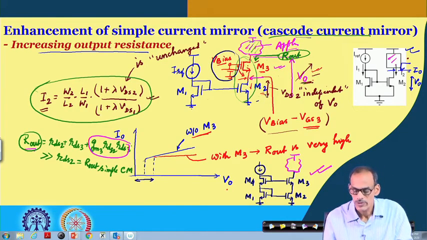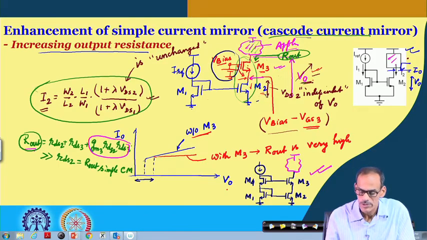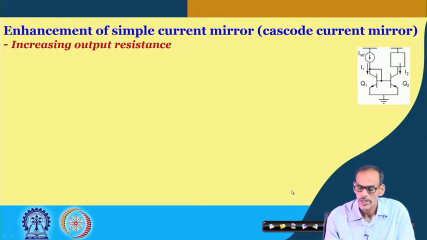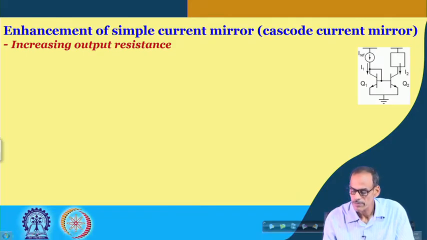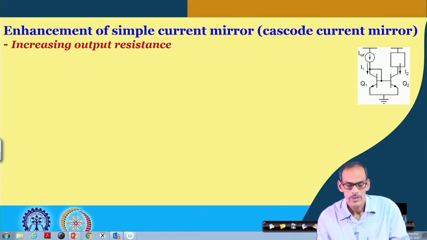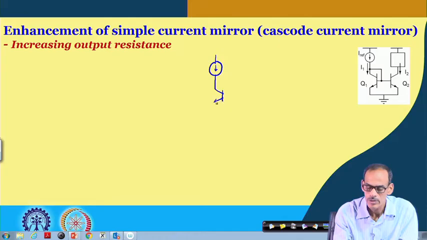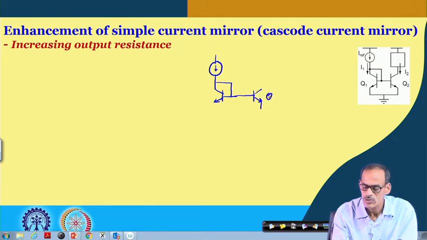So, in the same way, if you consider the BJT version, there also we have the possibility of improving the output impedance by means of a cascode structure. Here again the purpose of the cascode is to improve the output resistance, and as you can guess, we add one extra transistor on top of this Q2.